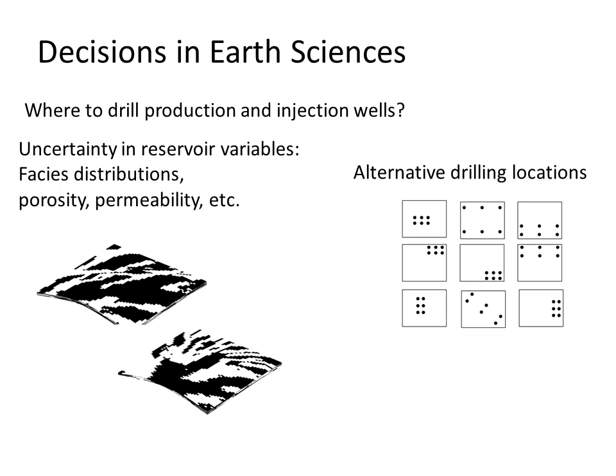So here we might have some alternative drilling locations and patterns. And the underlying uncertainty in this case is, of course, the geologic uncertainty in the subsurface facies distributions, spatial distribution of porosity, permeability, and pore fluid saturations.